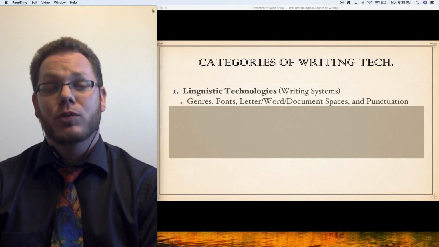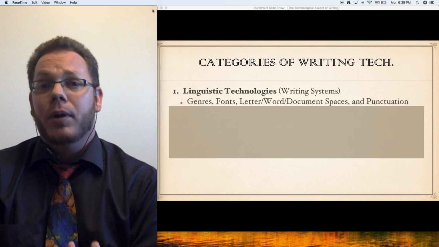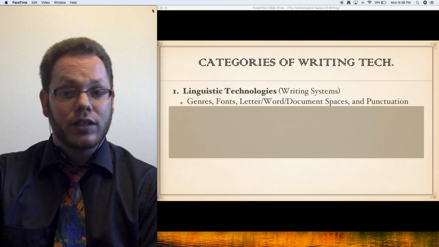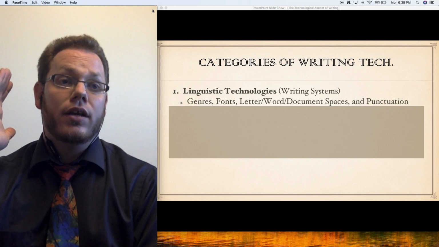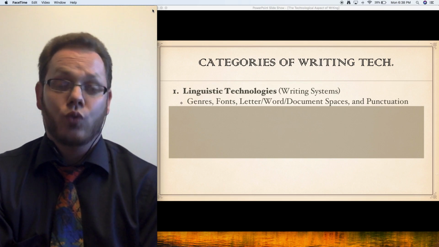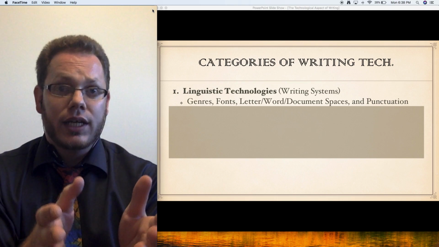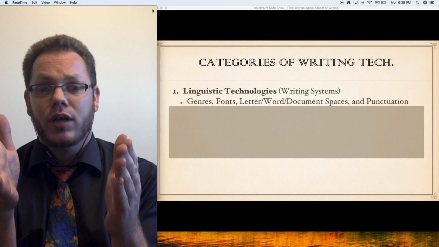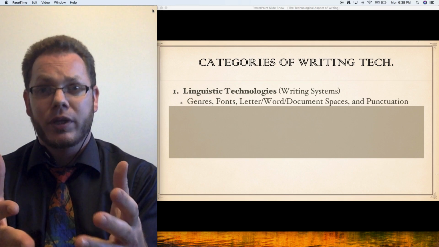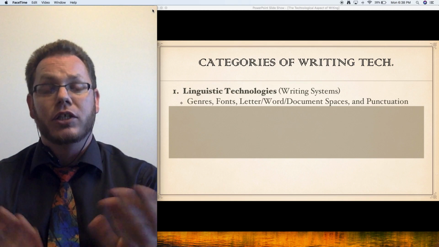So that's why we have some of those punctuation rules. I like punctuation in the frame of technology, and so I can say from a technological standpoint, punctuation is really helpful. It helps me structure, it helps me organize ideas, it helps me design for my reader an experience that allows them to take in information faster.